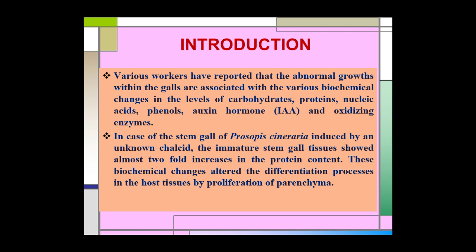In the case of the stem gall of Prosopis cineraria induced by an unknown chalcid, the immature stem gall tissues showed almost a twofold increase in protein content. These biochemical changes altered the differentiation process in the host tissues by proliferation of parenchyma.